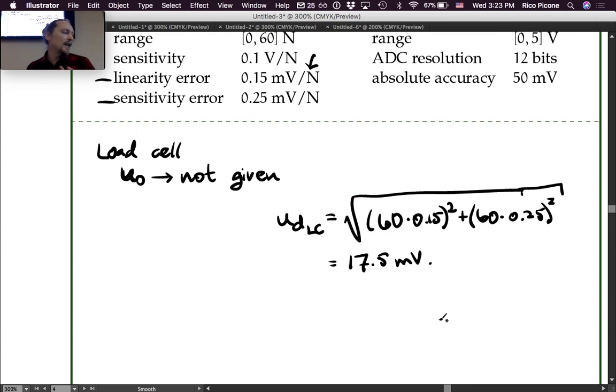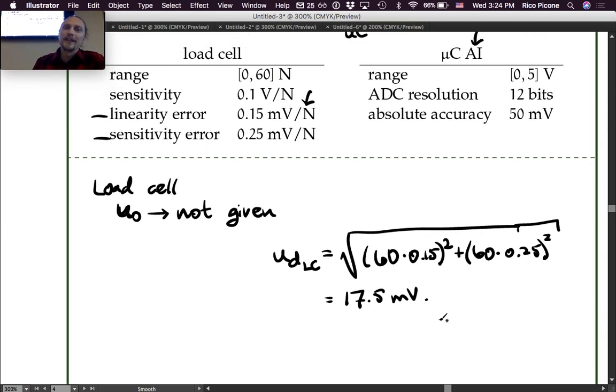Notice that this is in terms of voltage, right? But when we're estimating the uncertainty in a measurement, although we almost always will work with voltage for a measurement, because it's almost always what our readout is, we almost always care about the original quantity. Unless we're measuring voltage, that's not voltage, right? So it's force in this case. We want to know the uncertainty in the force measurement because that's what we're measuring.